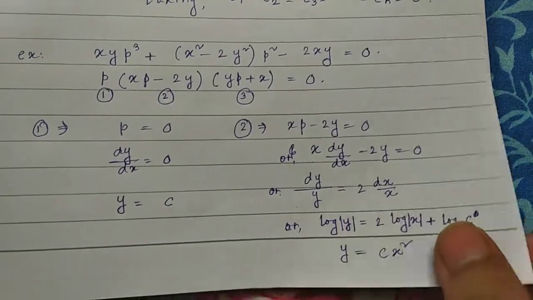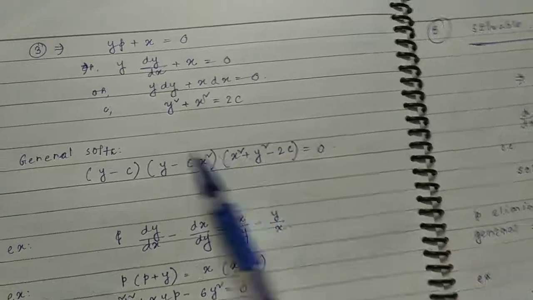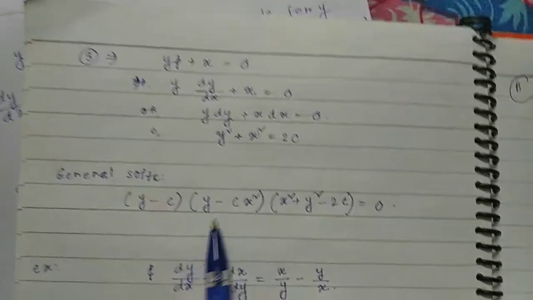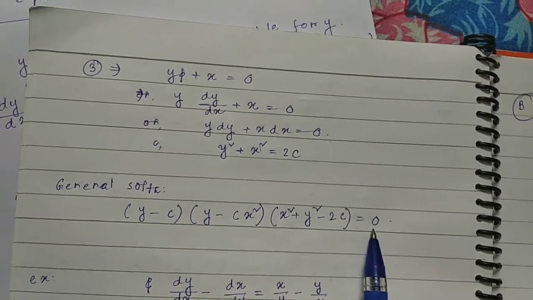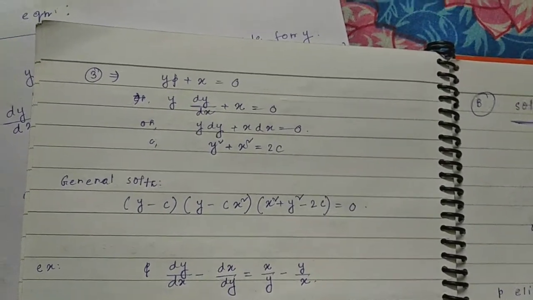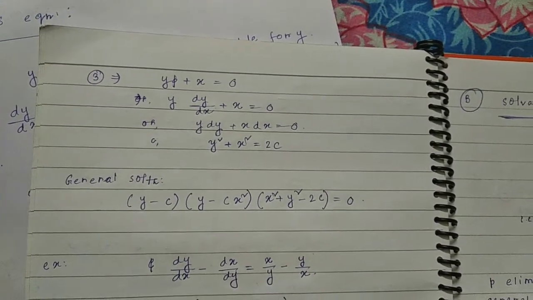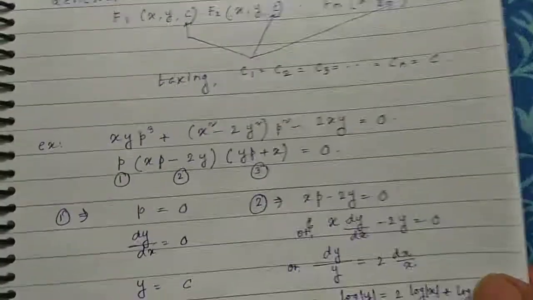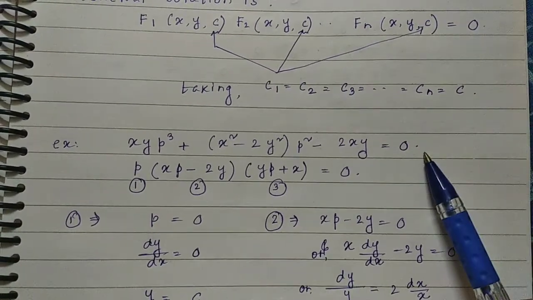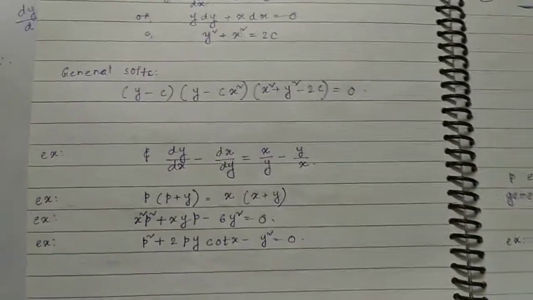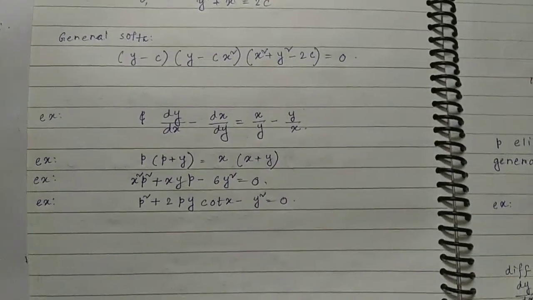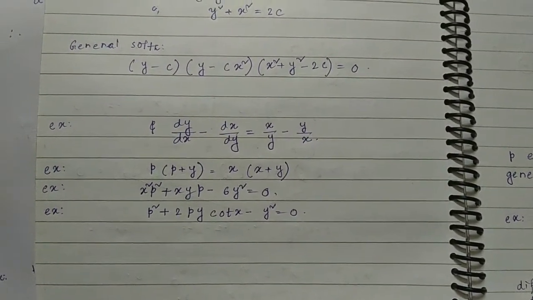So the general solution becomes (y minus c)(y minus cx squared)(x squared plus y squared minus 2c) equals 0. This is the solution for the given differential equation. I have given some examples for you. You should try to solve these equations.